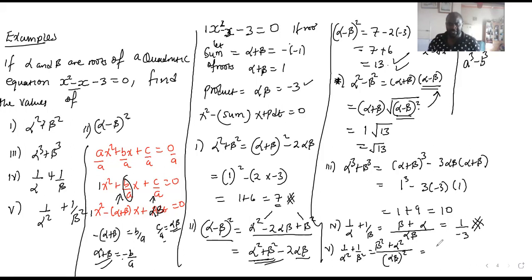Learners can see that this is alpha plus beta, close brackets, squared minus 2 alpha beta, over the square of the product. This will give us, actually I've already found the numerator, which is 7, out of the denominator squared, which is going to be 9. Hashtag solution.